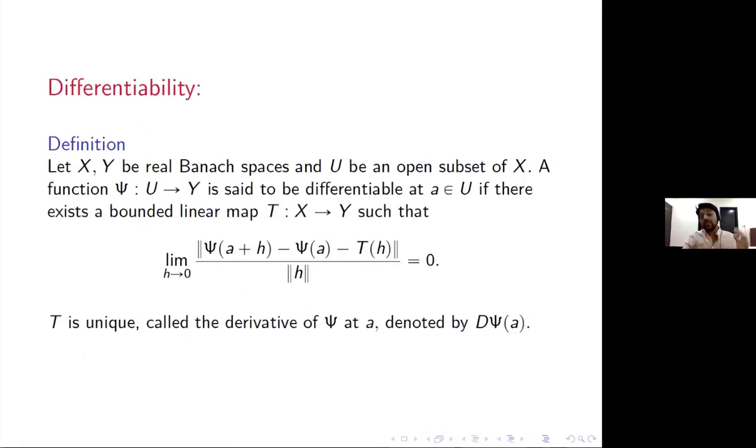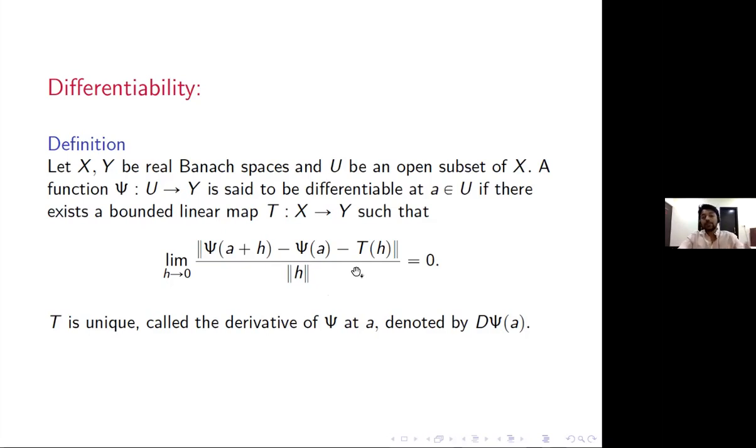Talking about their differentiability, let's quickly recall the definition of derivative in general Banach spaces. Let X, Y be real Banach spaces. We'll only be talking about real Banach spaces here. Let U be an open subset of X. A function psi from U to Y is said to be differentiable at a point A in U if there exists a bounded linear map T from X to Y such that this limit exists.